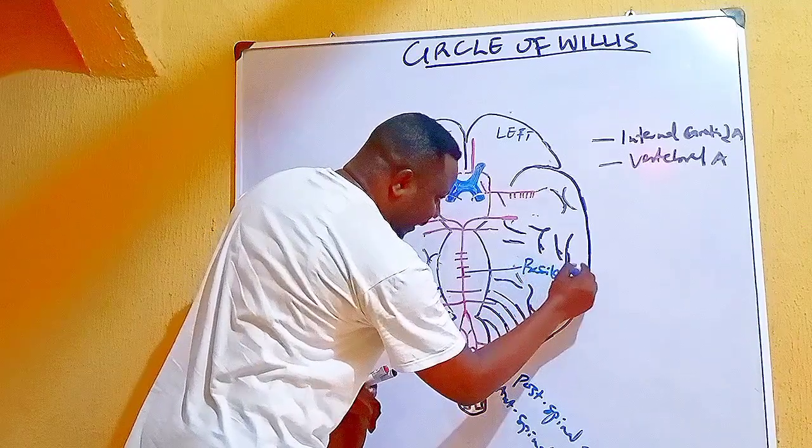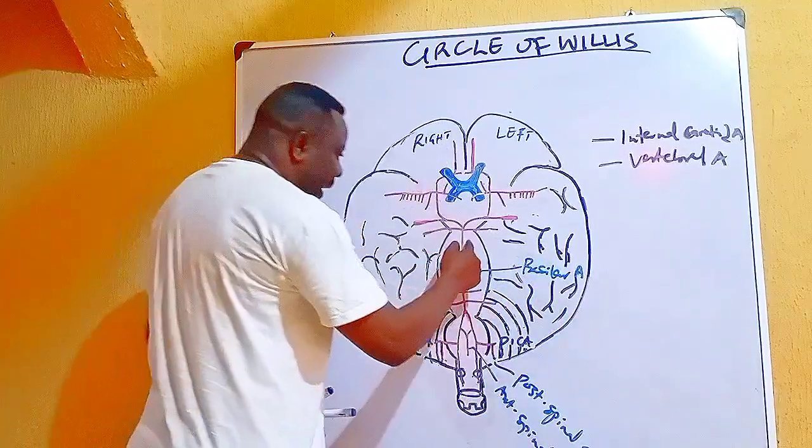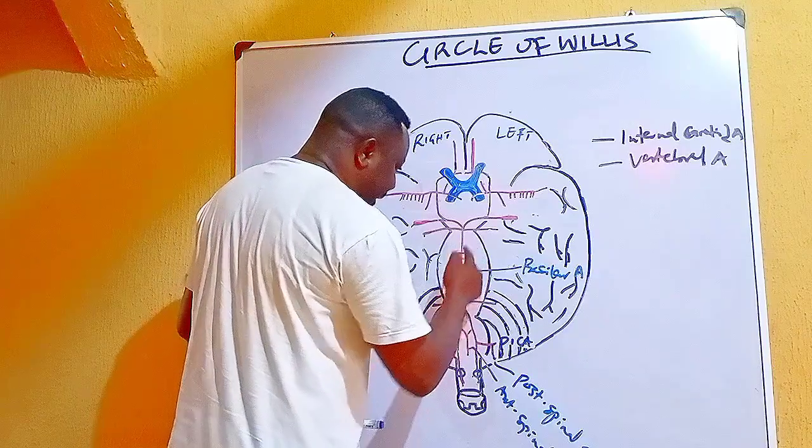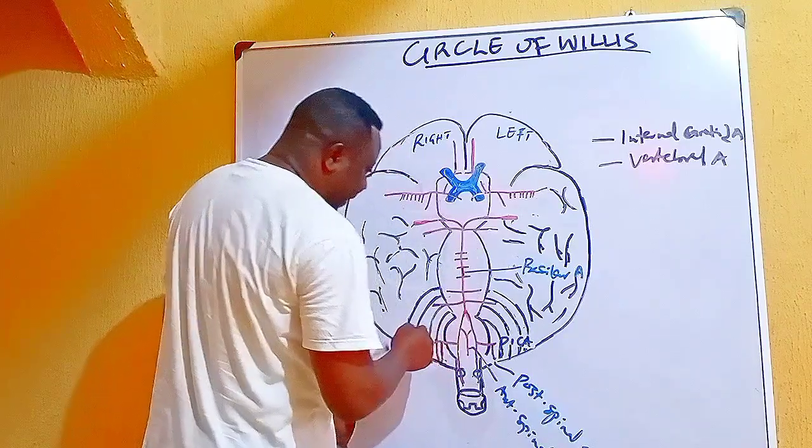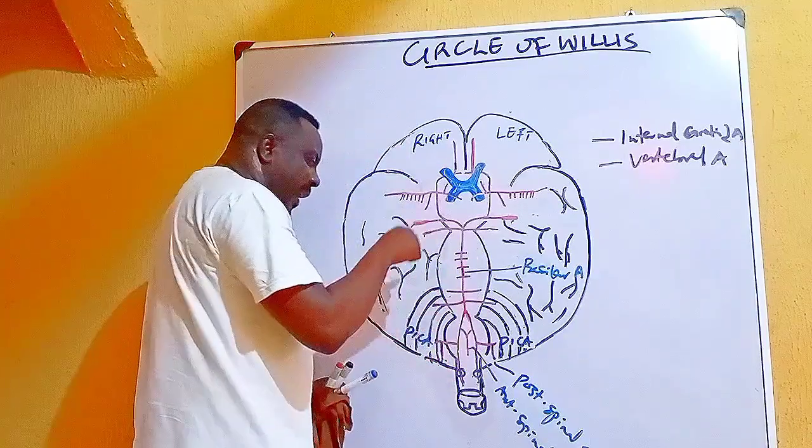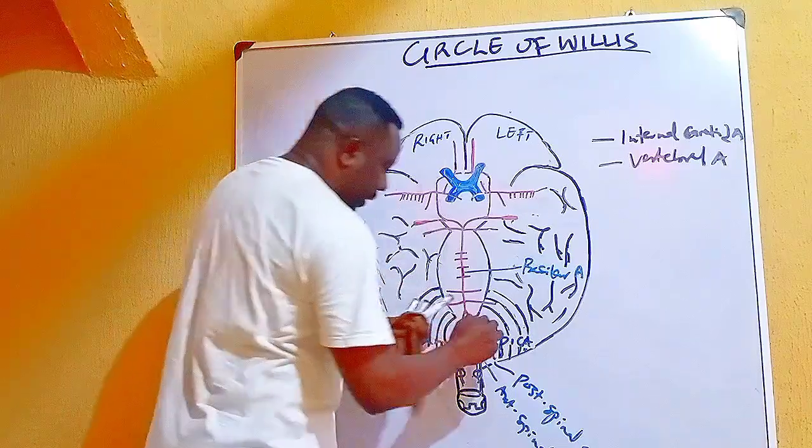Now, the basilar artery has several branches, one of which is known as the anterior inferior cerebellar artery.